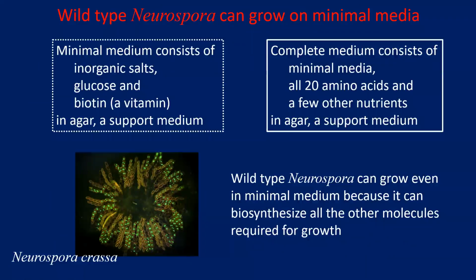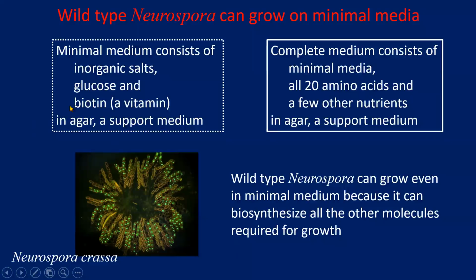So here what you see is a typical organism, called Neurospora. When you give a very minimal medium, it could consist of just a few salts, glucose and vitamin, and you grow that on some kind of support medium, that could be agar.